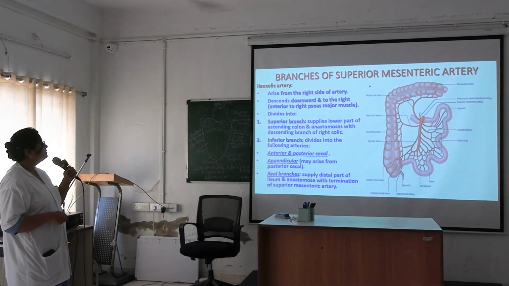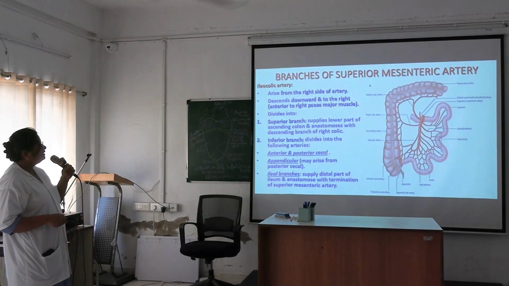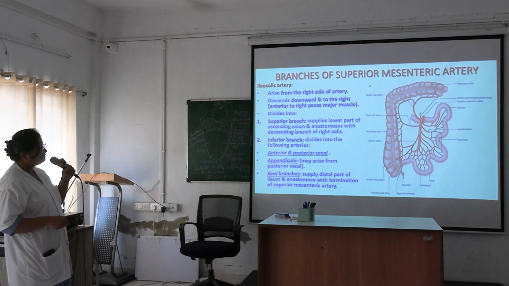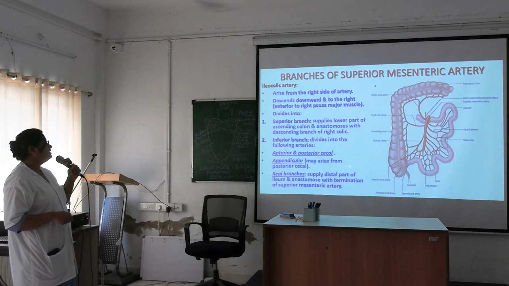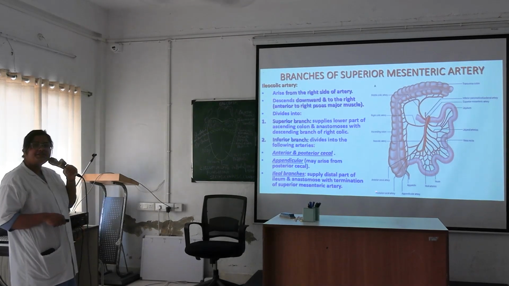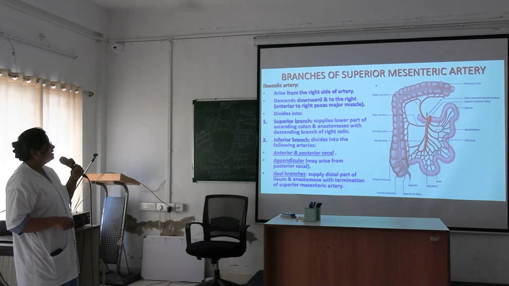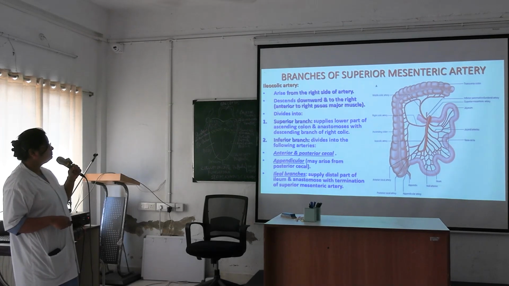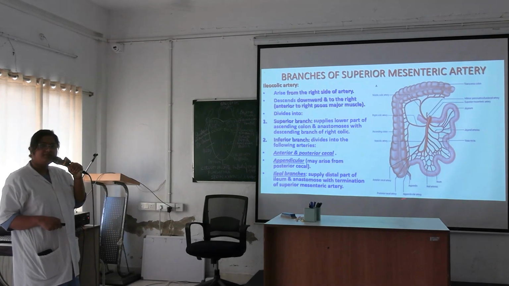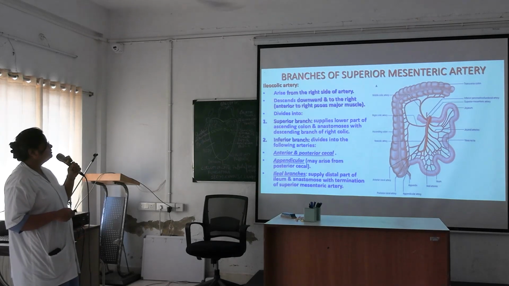The inferior branch divides into the anterior and posterior cecal arteries. Here are the cecal arteries. The appendicular artery may arise from the posterior cecal. Ileal branches supply the distal part of the ileum and anastomose with the termination of the superior mesenteric artery. So these are the branches of the ileocolic.